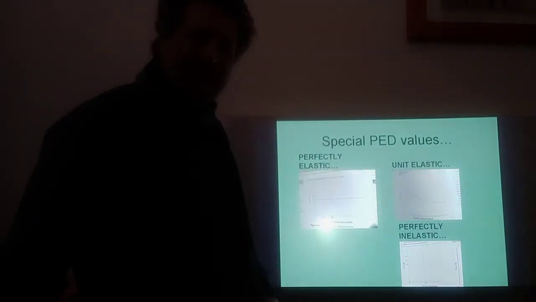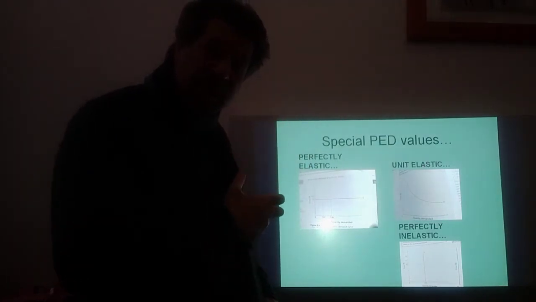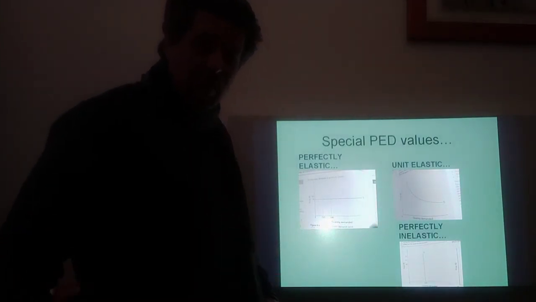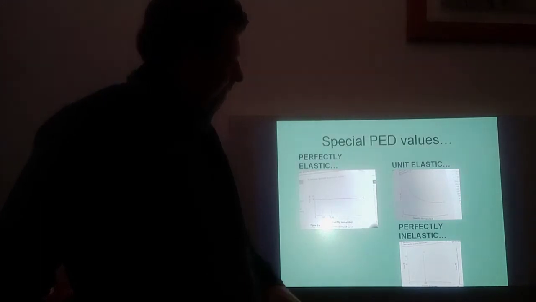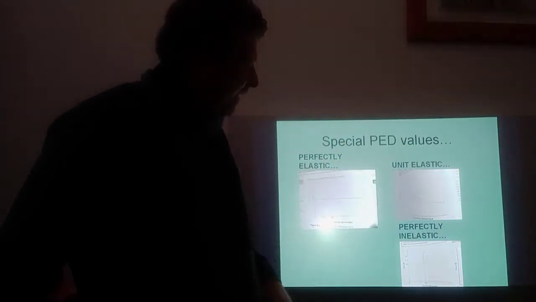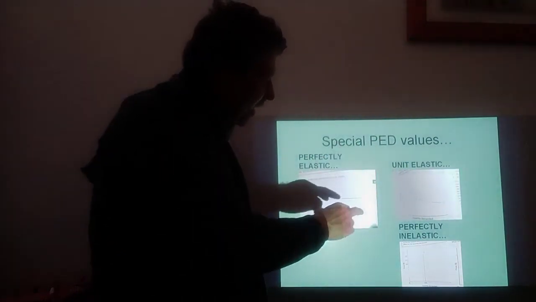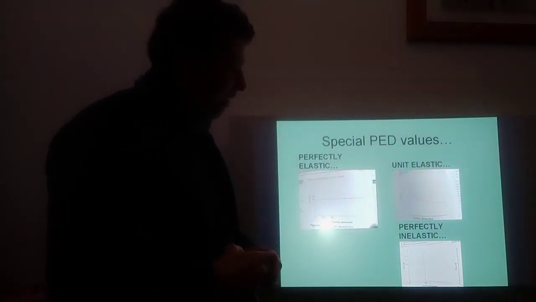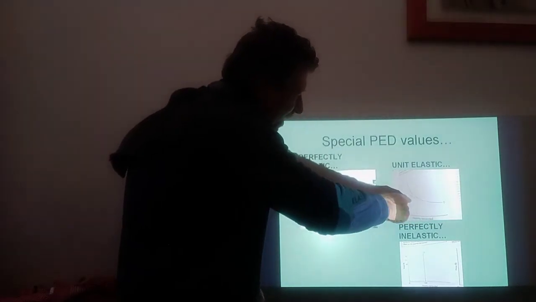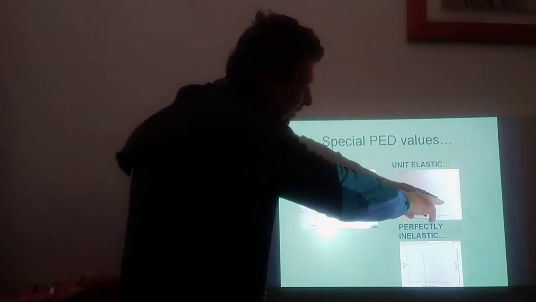Here, a unit elastic. This is when price elasticity is 1. So it's not inelastic or elastic. Remember, more than 1 is elastic, less than 1 is inelastic. And when it's 1, it's unit elastic, and the curve is actually curved like this, because the higher you go up, the smaller the percentage change in price, whereas it's inverted here, so the larger the change in demand, and vice versa.